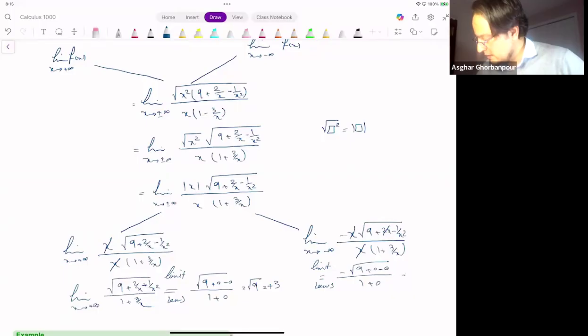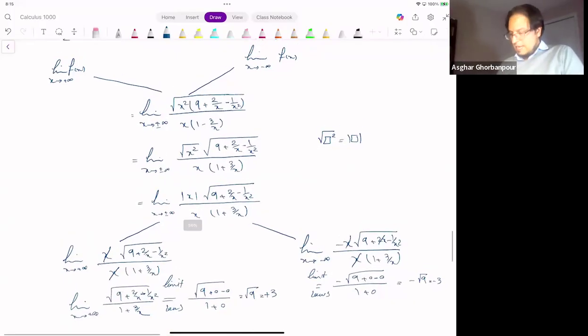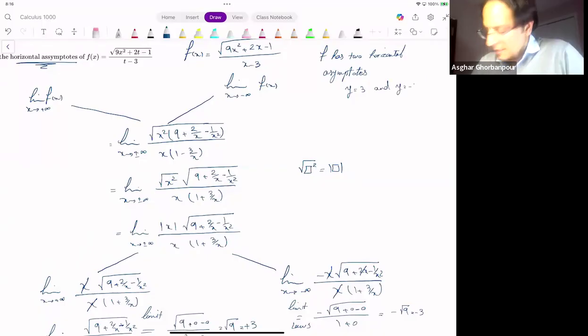And that is negative root 9, which is negative 3. This means that f has two horizontal asymptotes: y equals 3 and y equals negative 3.